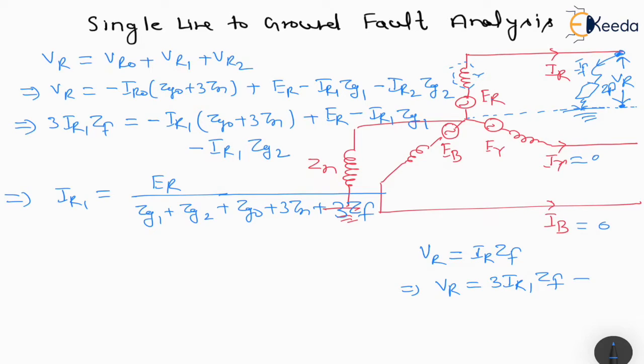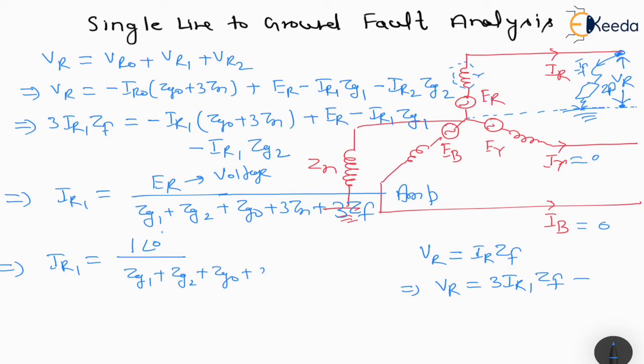If ER is in voltage, then this will be in ampere. If ER is in per unit, we can write the value as 1 at the angle of 0 upon ZG1 plus ZG2 plus ZG0 plus 3ZN plus 3ZF. So when voltage is in per unit, this value will be in per unit.